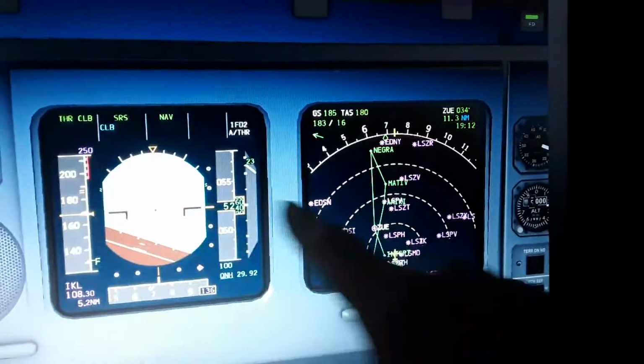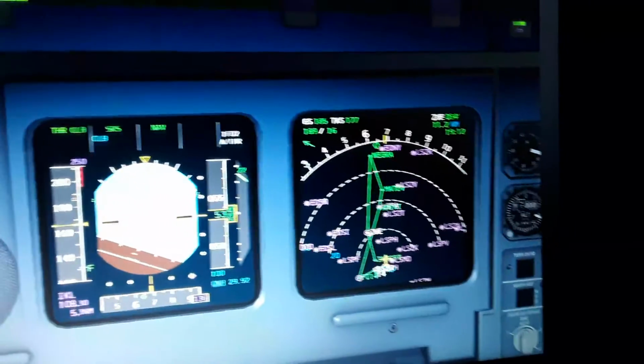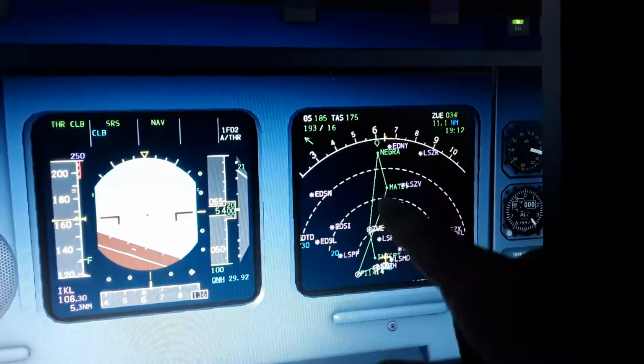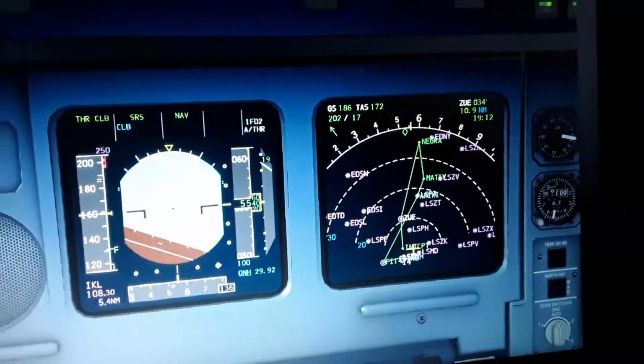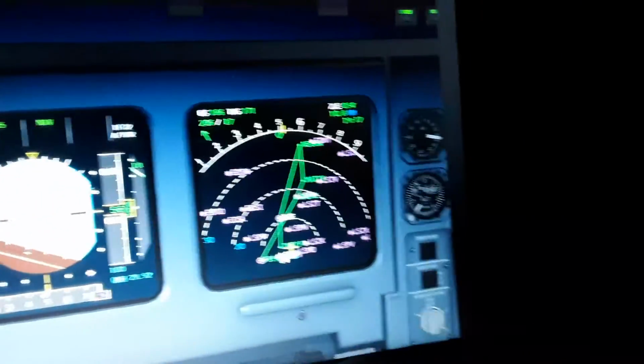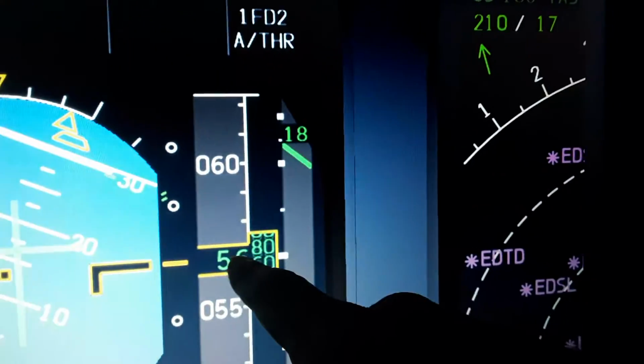You can see the primary flight display and the navigation display, which is for horizontal awareness, and this is for vertical and horizontal guidance. Here you can see the altitude we're flying right now, 5,600 feet.